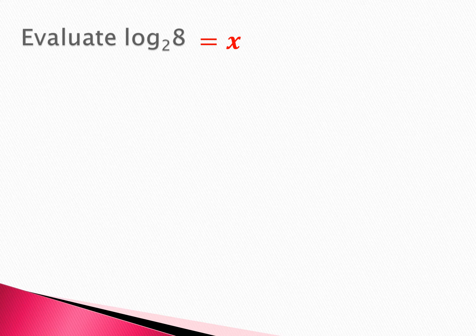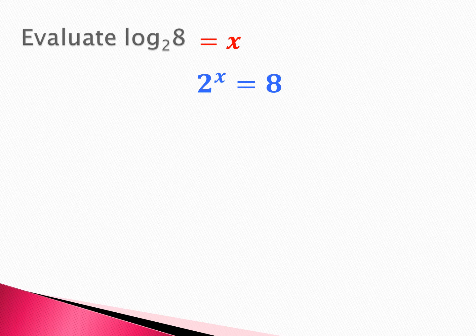Now remember, to evaluate a logarithm, you have to convert it back to an exponential. It would be 2 to the x power equals 8, because my base is 2, my exponent is x, and it equals the argument, or the answer, which is 8.